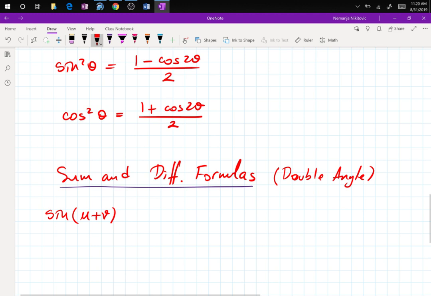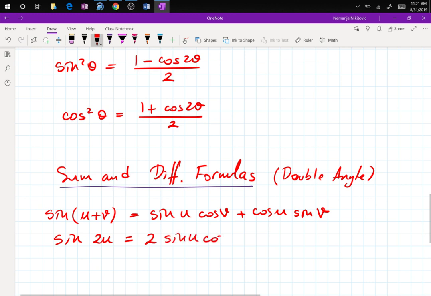Sine of u plus v, you get sine u cosine v plus cosine u sine v. What is the sine of 2u? It's going to be 2 sine u cosine u. And you get that formula from the one above.